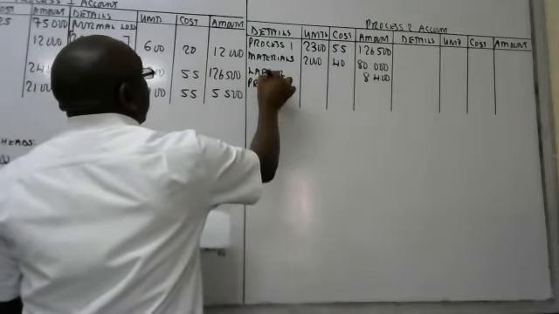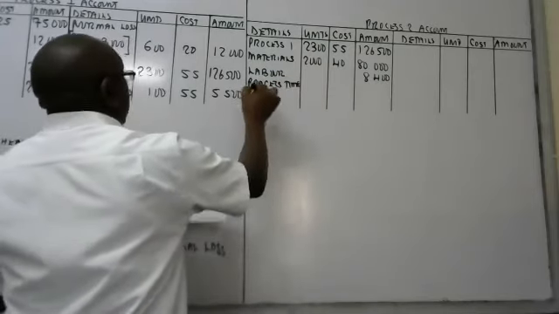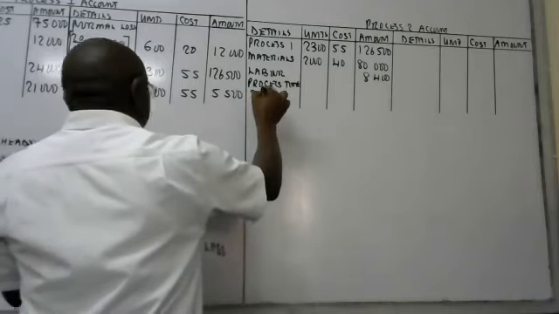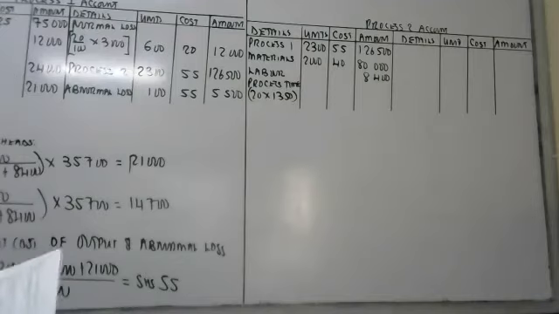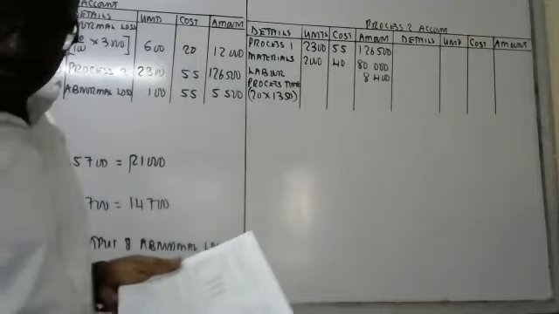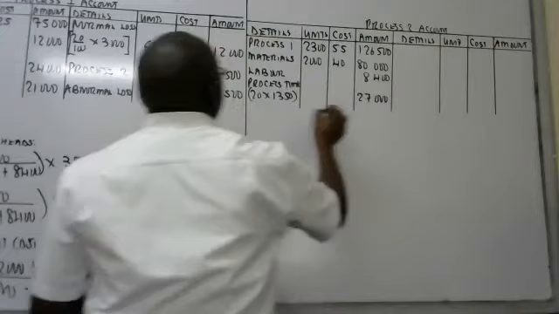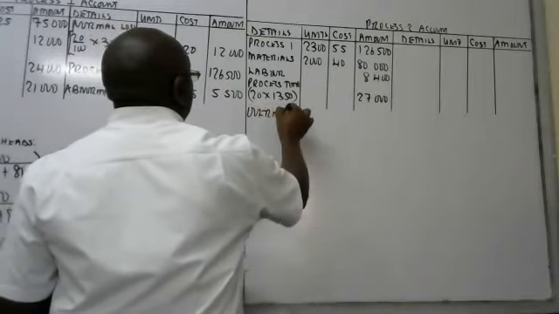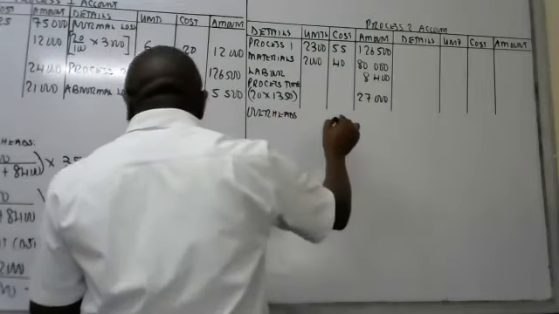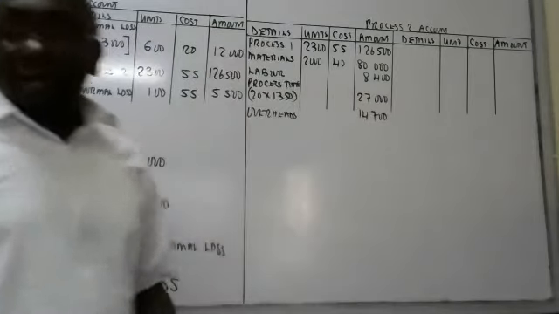Then we have process time. Process time is 20 times 1350. 20 times 1350 is 27,000. Then I have overheads of 14,700.